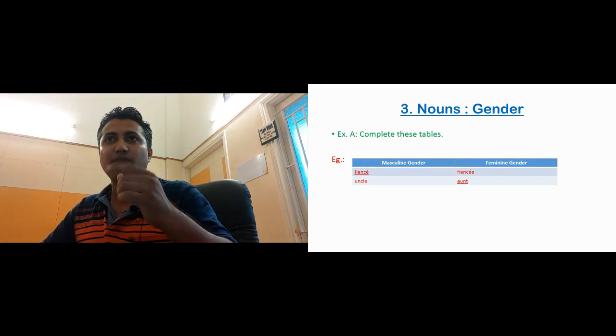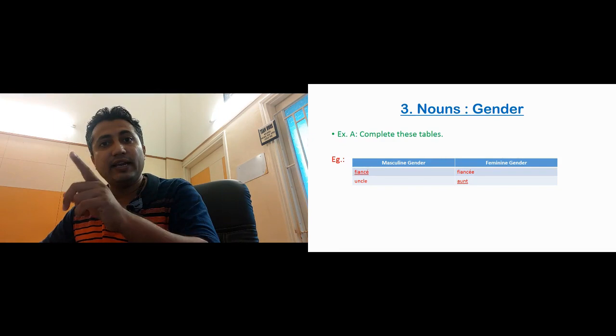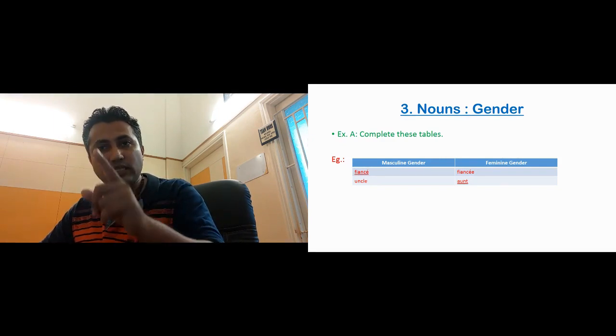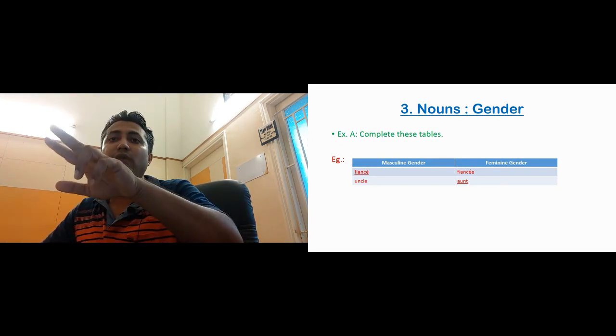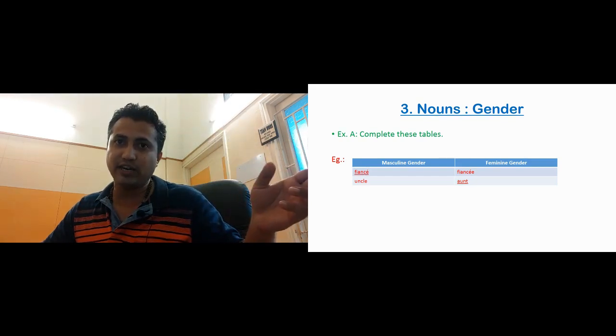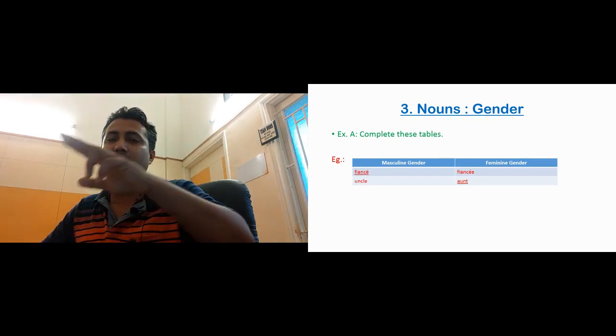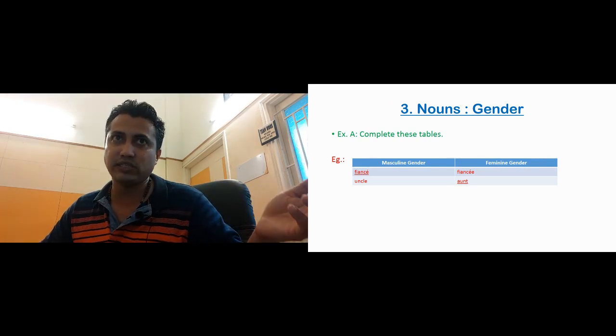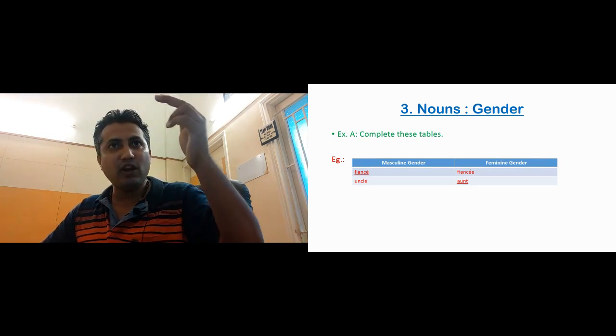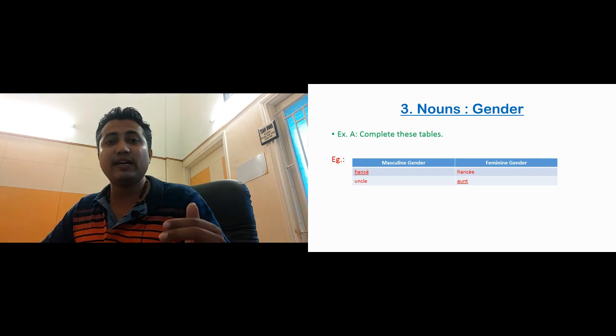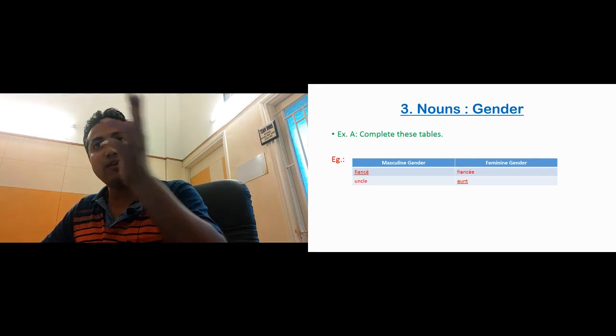In the first example, if you see, the masculine gender is given, that is fiancé, and we are expected to write the feminine gender of that, which is fiancée. Now in the same way, look at the next one. Masculine gender is given and we are expected to write the feminine gender.